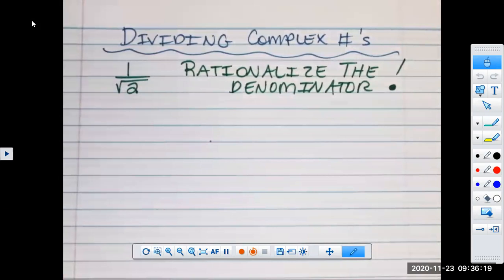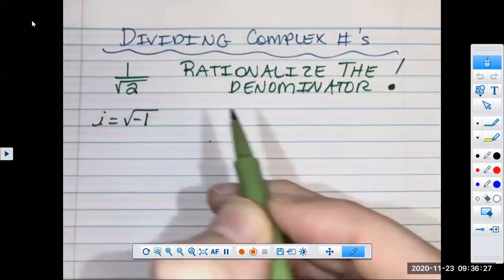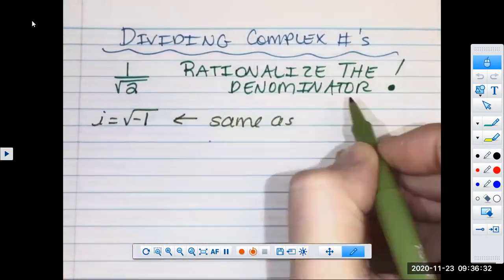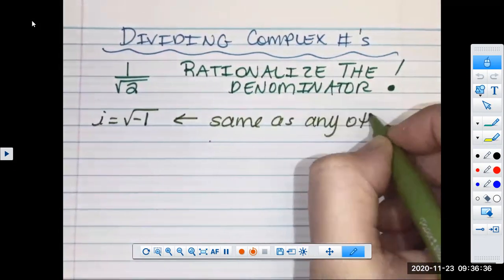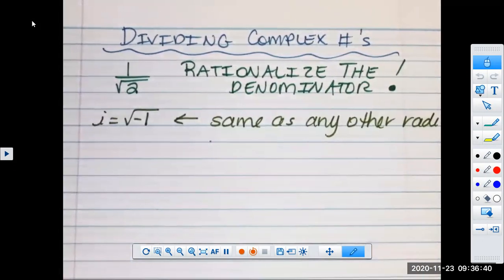Okay, same situation. If you have i in the denominator, remember that i is equal to the square root of -1. So this is the same as any other radical that you deal with. And you cannot leave i in the denominator.